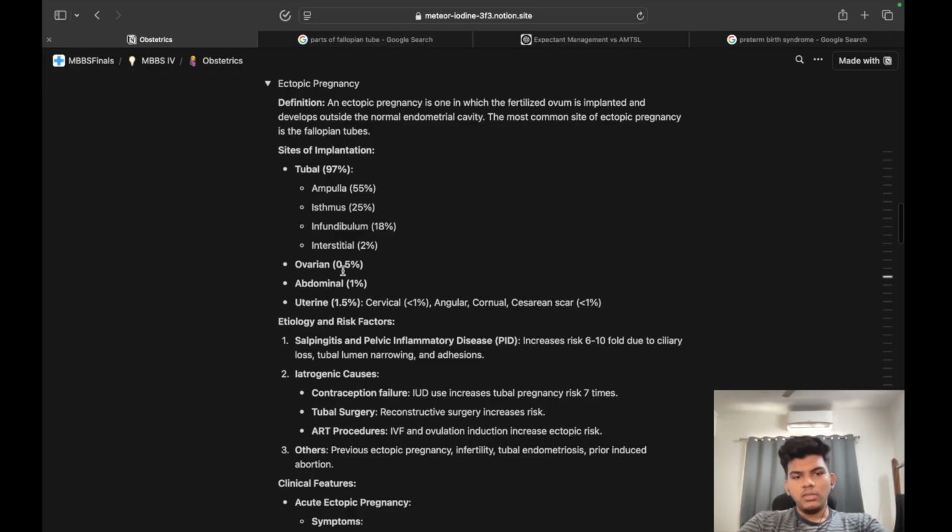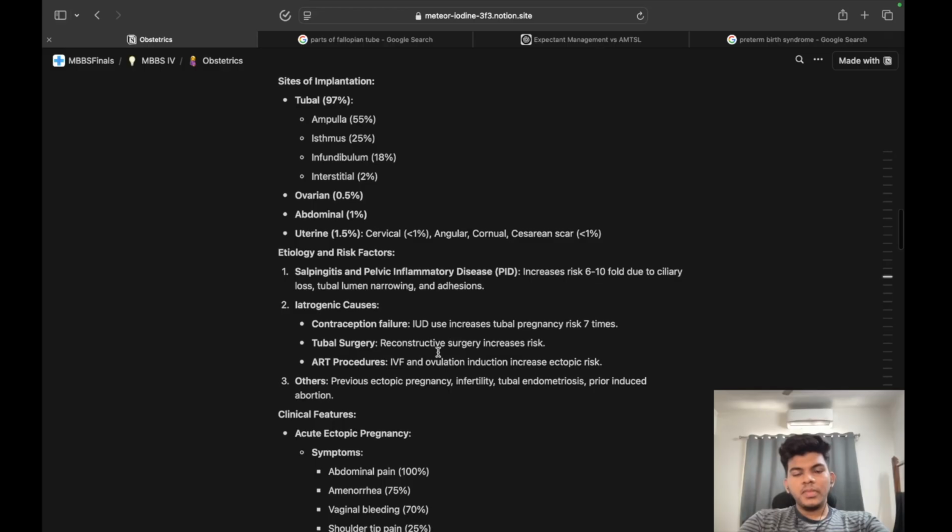Then comes the ovarian and abdominal, and uterine, where cervical is the most common, like non-specific, cervical, angular, cornual, or if there is a caesarean scar.